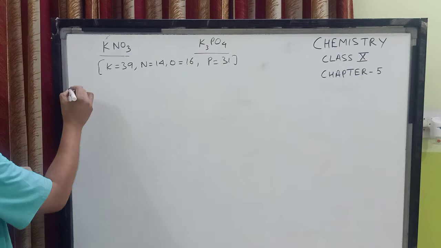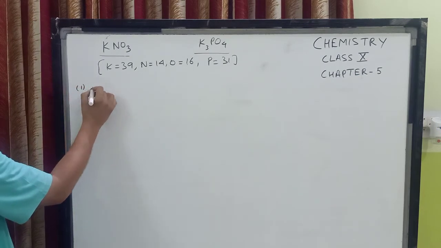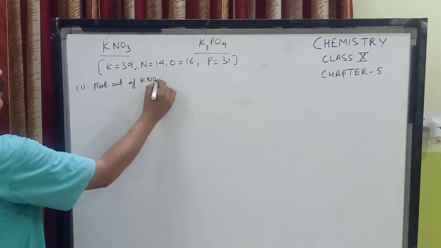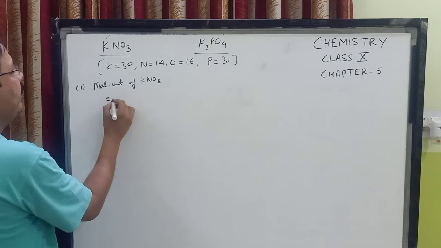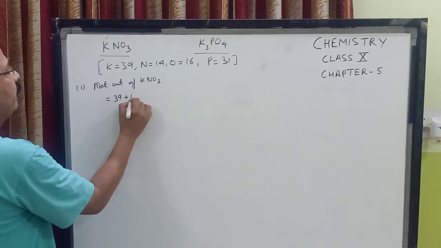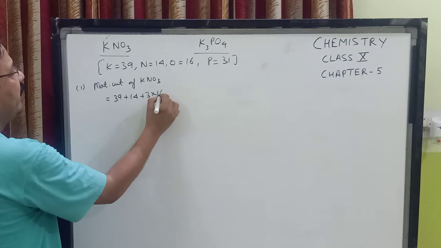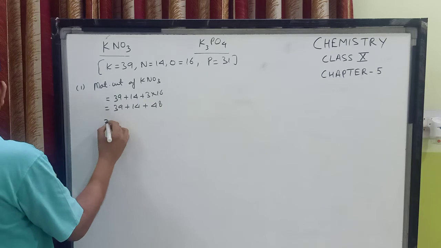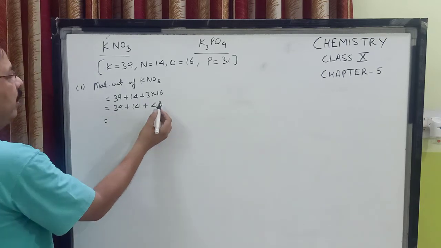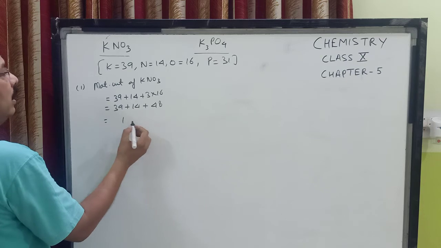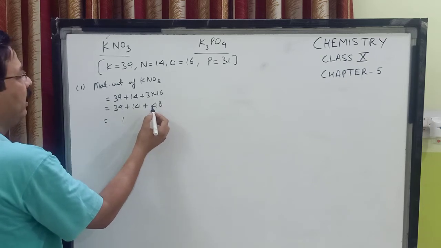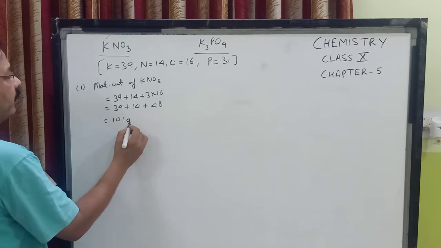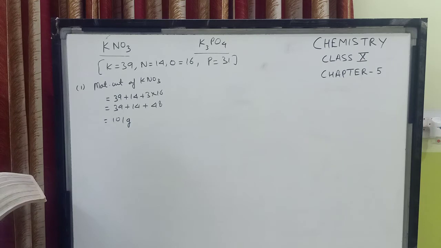First we calculate the molecular weight of potassium nitrate: potassium is 39, plus 14, plus 3 into 16, that makes 39 plus 14 plus 48, and it comes out to be 101 grams.